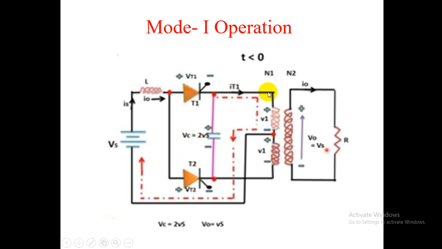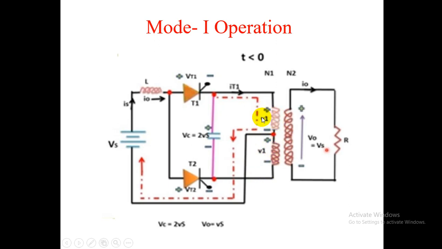The whole current is passing through the half of the primary winding of the transformer and has a return path to the source side. The current passing through thyristor T1 is called IT1, and the capacitor is charged up to 2Vs because it is connected across the total primary winding of the transformer.